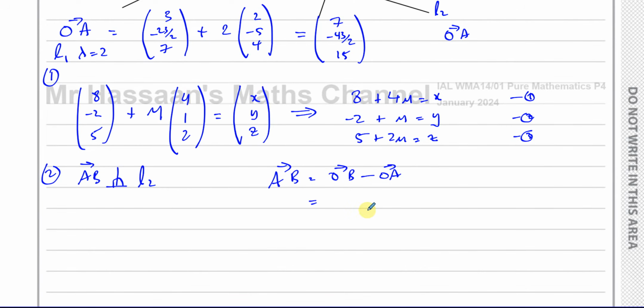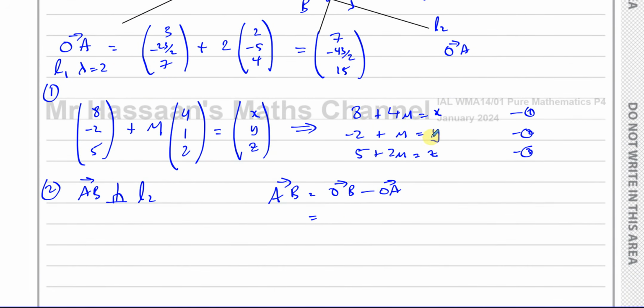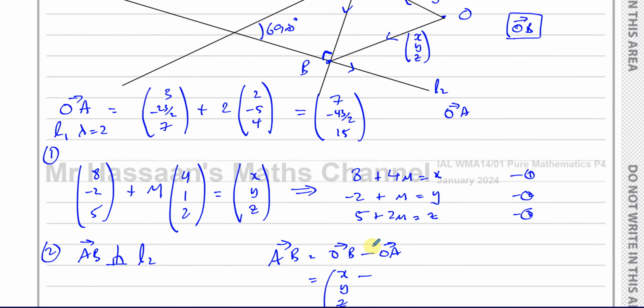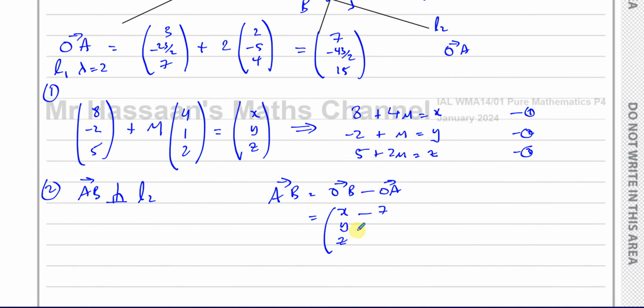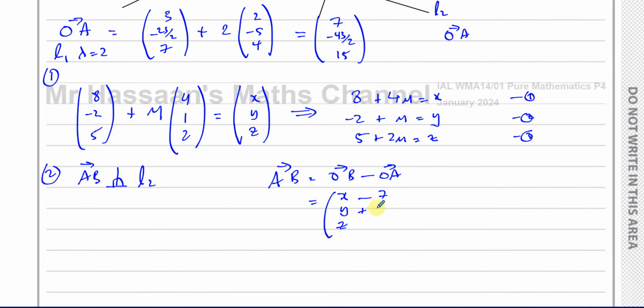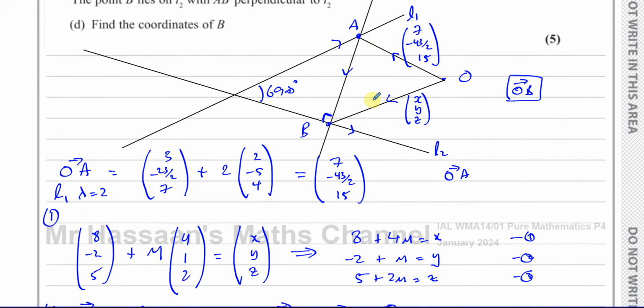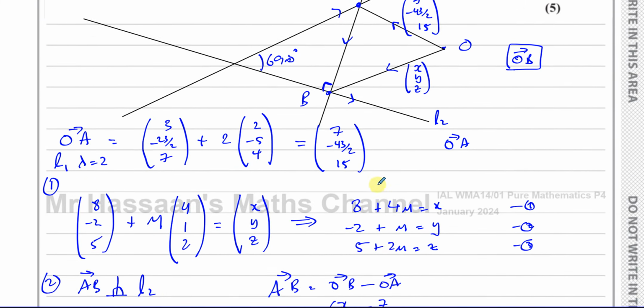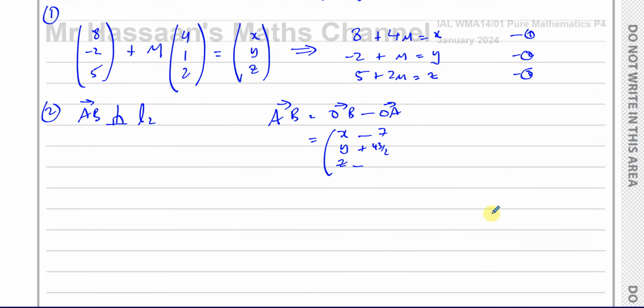And OB, well, we don't know what it is, but it's X, Y and Z. And we're going to have minus the vector O to A. So minus 7, so X minus 7, and Y minus 43 over 2, which is plus 43 over 2, and Z minus 15. So that's the vector from A to B.